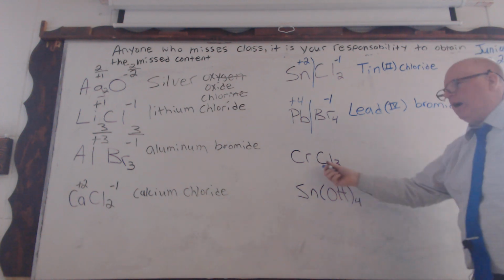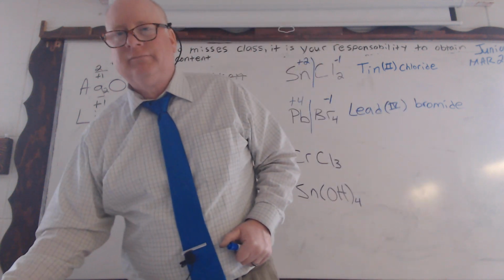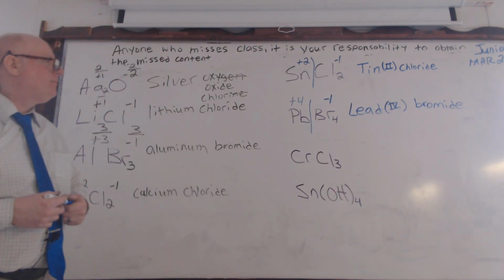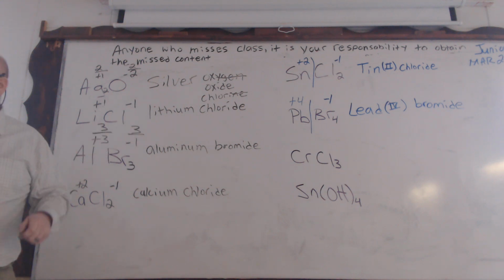Okay? Why don't you try this one? Chromium, I believe, is what element? 24, 25, somewhere in there. So we'll just go ahead and hit pause here for a moment. Okay. Does anyone have an answer for this then? Yes.